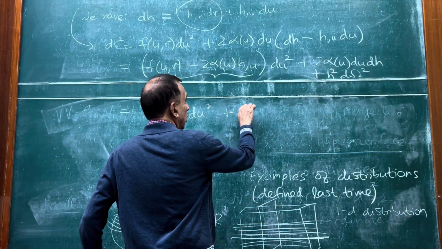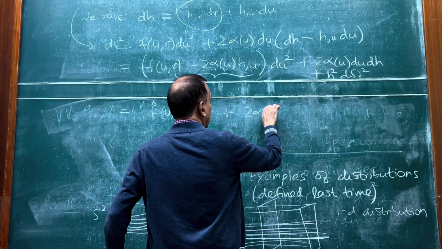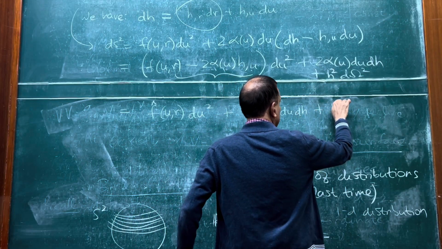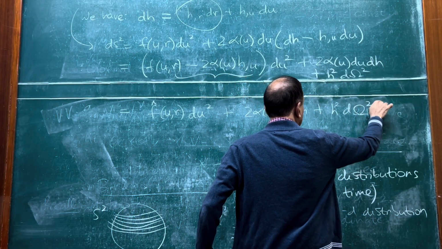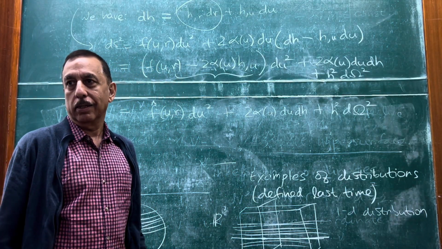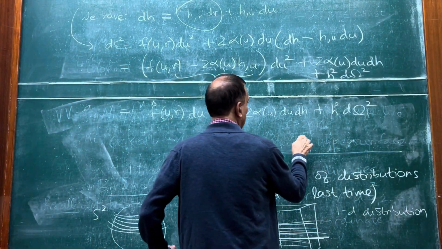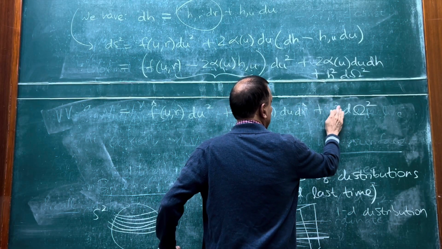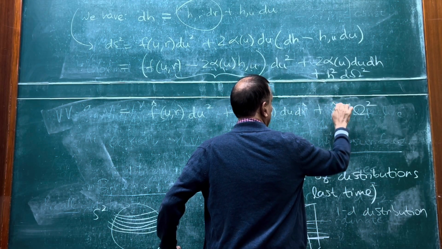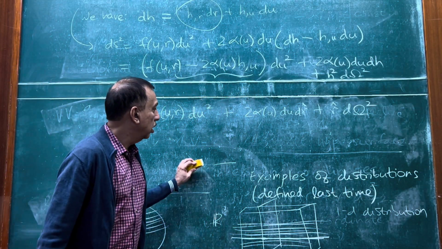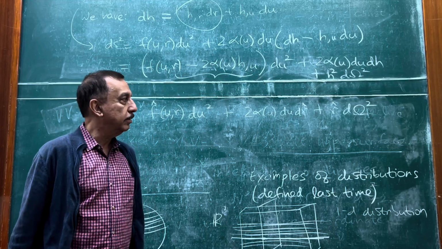This one is now alpha of u du dH, and the last one is H squared d omega squared. And now I am tempted to rename H as a new r. So I'll just write this as r hat. It's very temporary, these hats. I'll drop the hats as soon as I want to. So, things are improving.